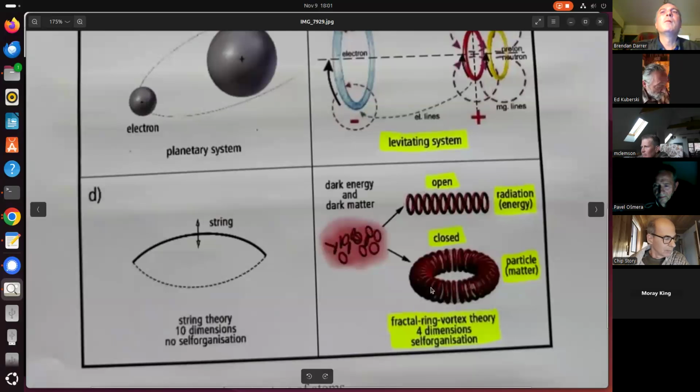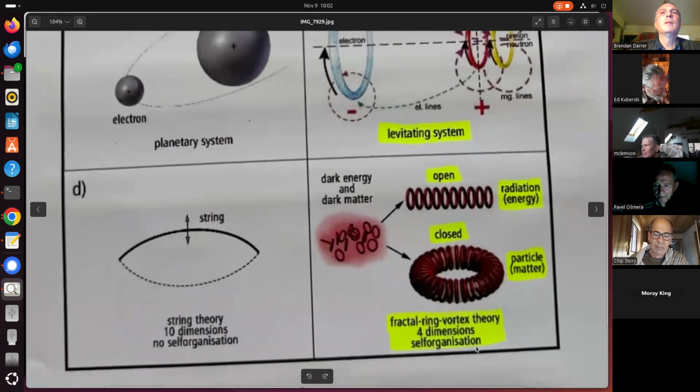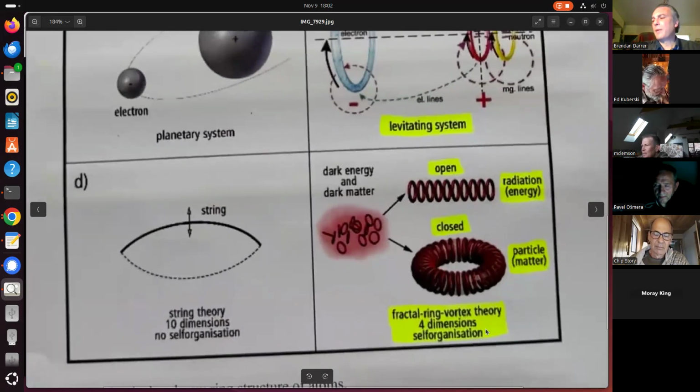And when it closes, this is where your particle forms. So the fractal ring vortex theory of 4 dimensions is self-organization, no? So basically it organizes itself, right? This is not classical physics. This is something completely different.